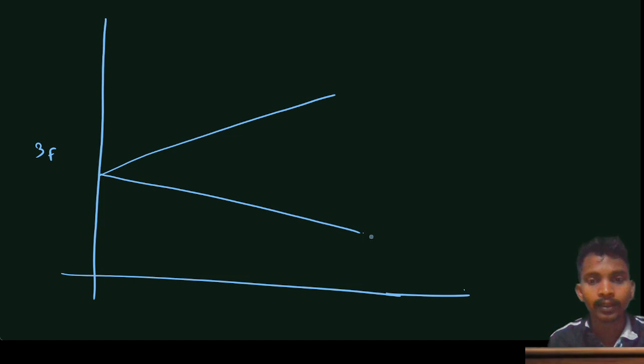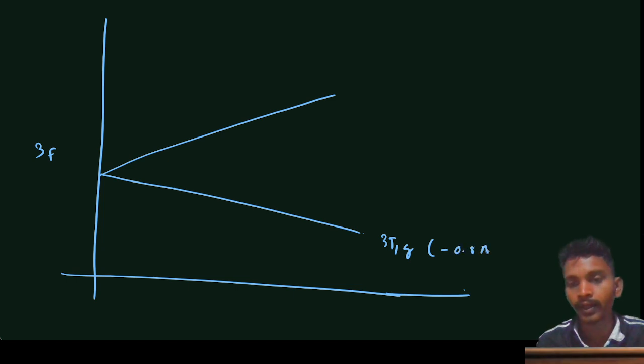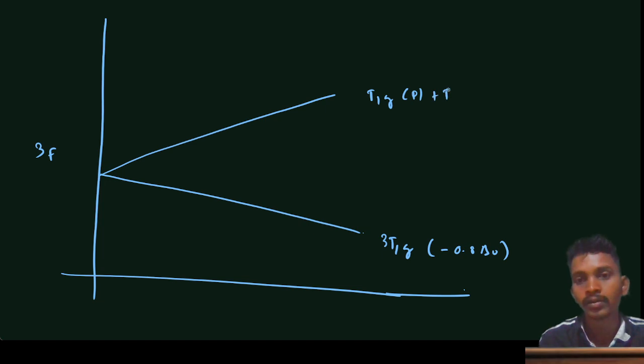So let's say that this is 3T1g, and this is minus 0.8 delta naught, and this is T1g(P) plus T2g.